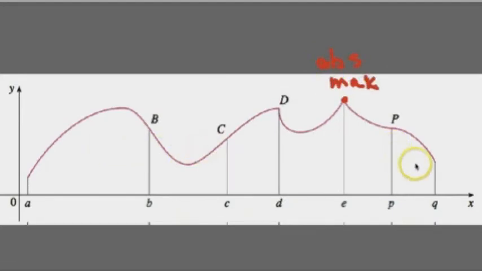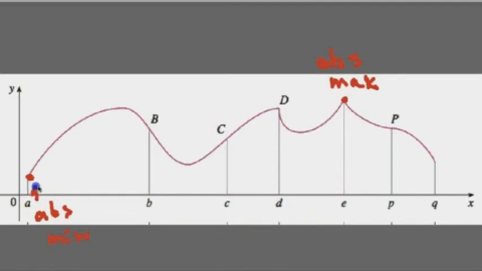And now the absolute minima can be endpoints of the function, so can absolute maxima. And the absolute minimum is this one. This is the lowest value. It's that endpoint right there. That's the lowest value on this whole function for this domain of x, between a and q, presumably inclusive. So that's the absolute minimum.